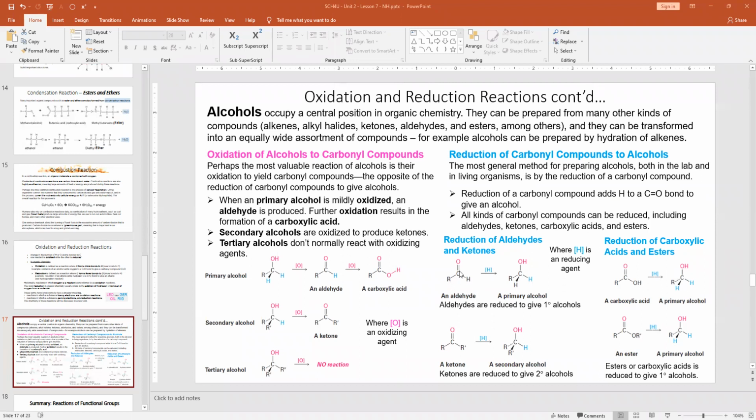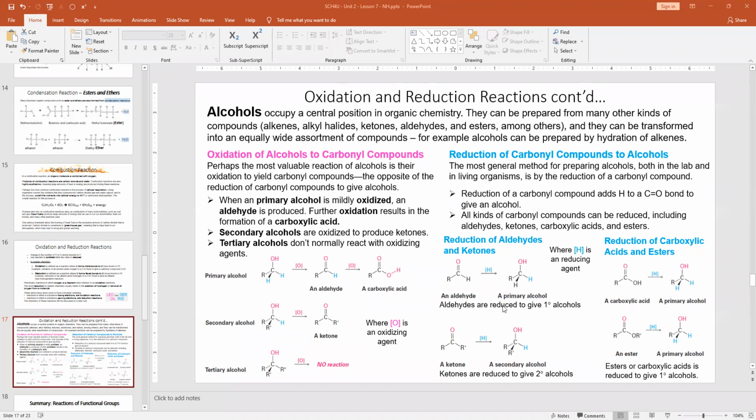In this figure, you have this carbonyl group, and this aldehyde is reduced to give a primary alcohol, where H is the reducing agent. And all kinds of carbonyl compounds can be reduced in this way, including aldehydes and ketones.